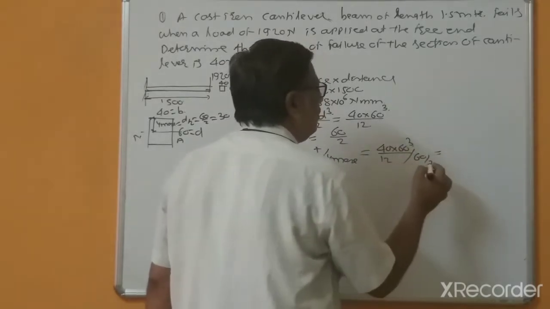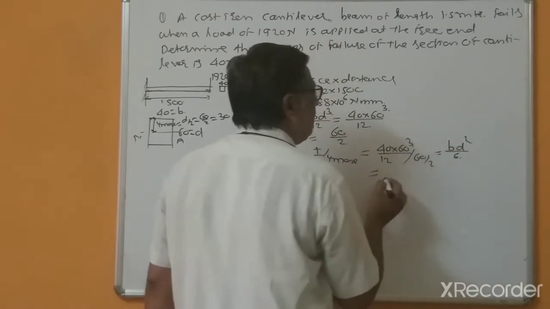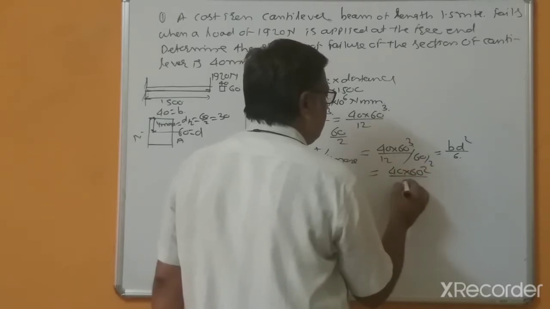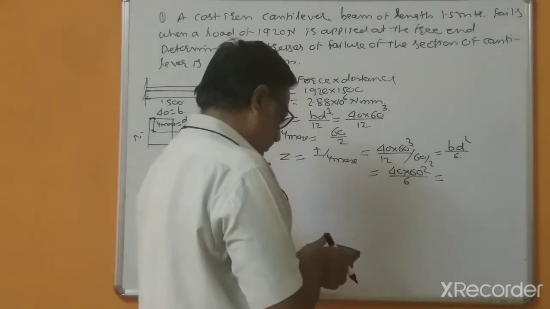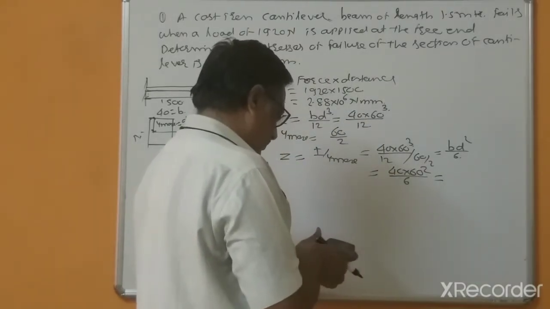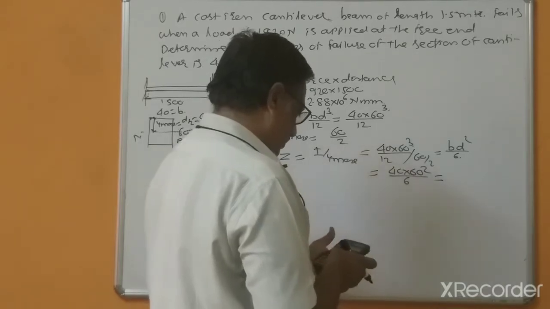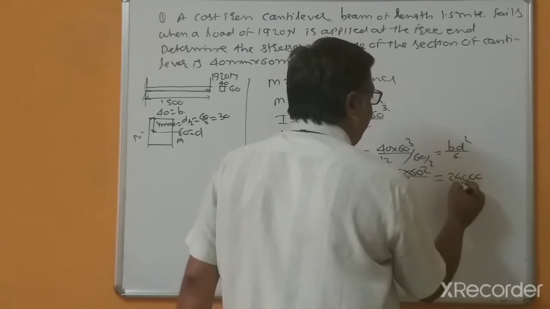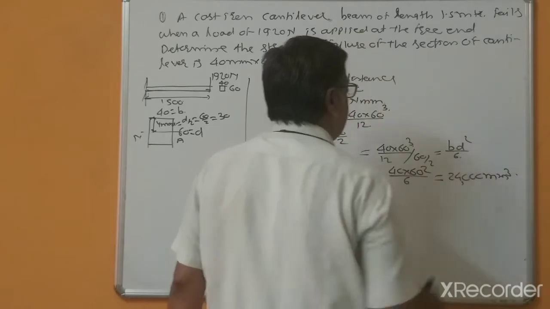This is equivalent to BD squared divided by 6. So 40 into 60 squared divided by 6 equals 24,000, and this is in mm cubed.